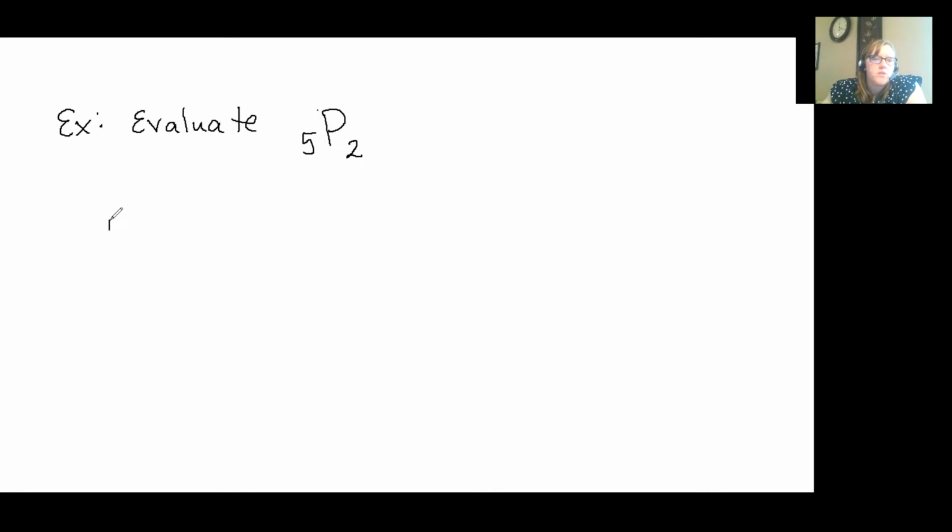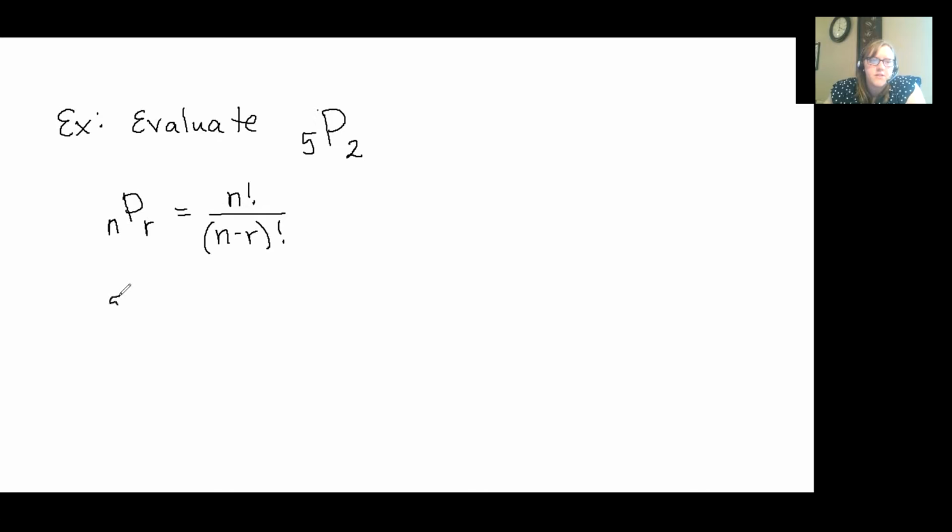As a reminder, our formula is n factorial all over n minus r factorial.